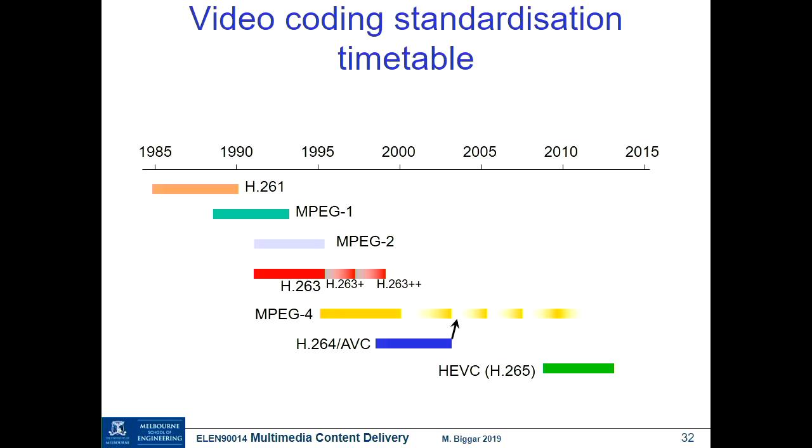Around that time, the ISO group started up and developed MPEG-1 and then MPEG-2. We'll understand the differences between those in a little while. And the two groups really collaborated in the development of these later versions. And the most recent standards came out a few years ago, but they keep on providing extra parts and extra refinement, and that's this high efficiency video coding standard. So I might refer back to that every now and again just to provide a bit of perspective as we go through some of this material.